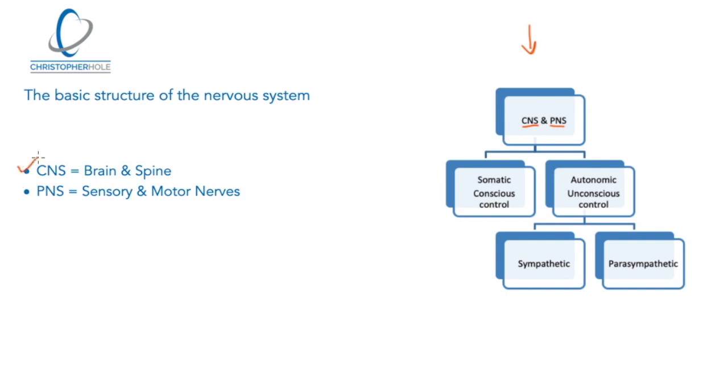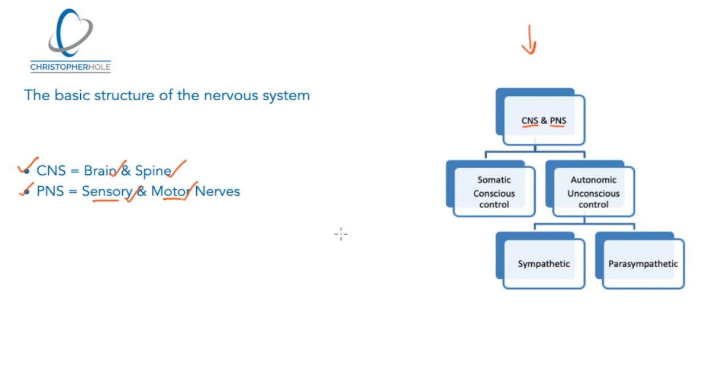The CNS is made up of the brain and the spine, and then the PNS is made up of the sensory and motor nerves. All that basically means is these are our senses, and this is where the information goes back out into the body to give us our movement, for example.